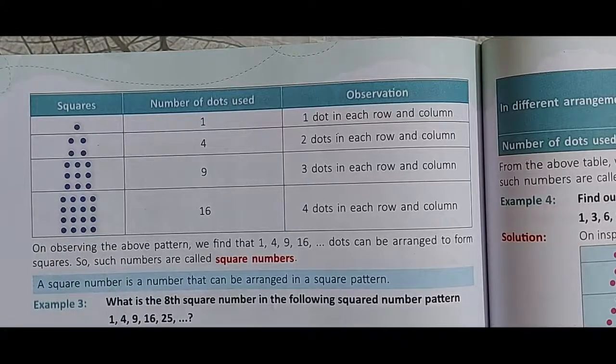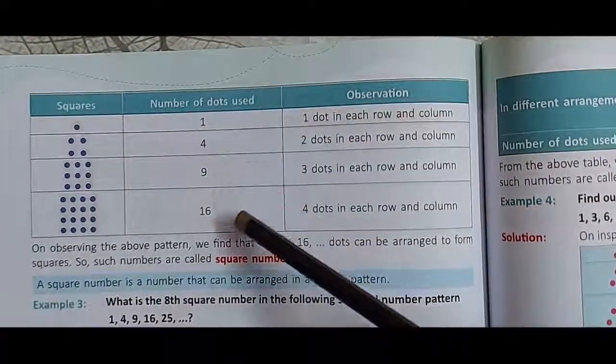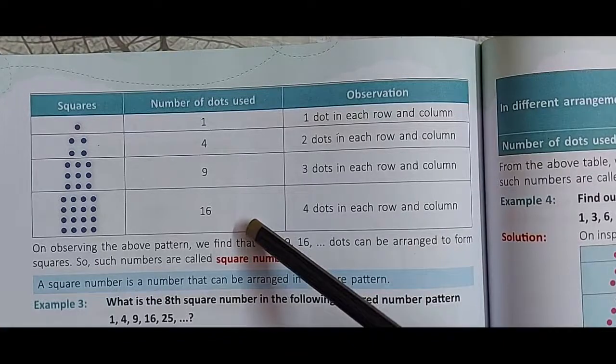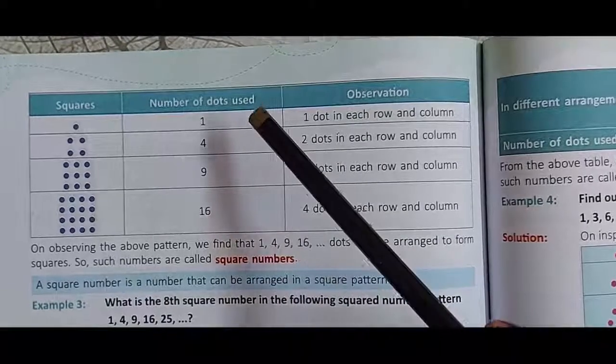Now children, from here we can find a pattern for finding the square numbers. You can see here 1, 4, 9, 16. These are considered the square numbers. How are they square numbers? How do we get 1?